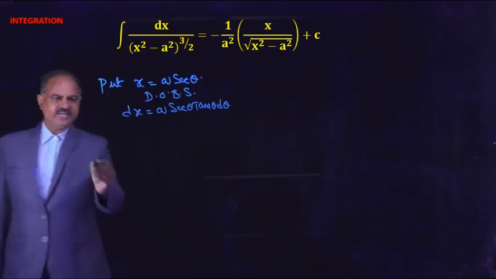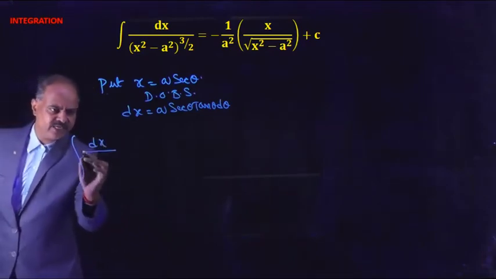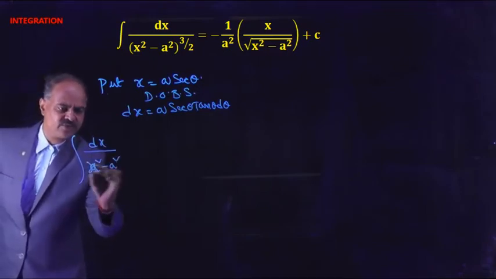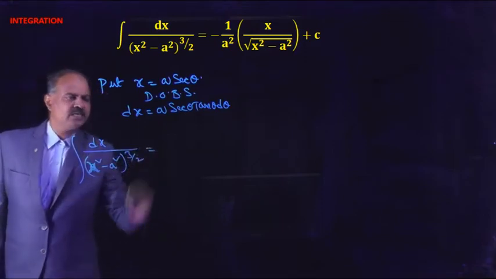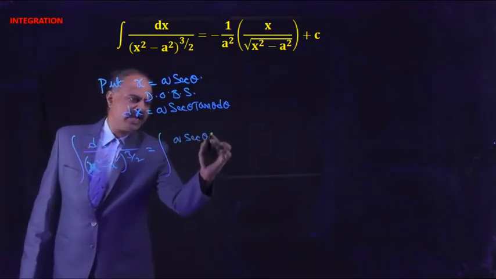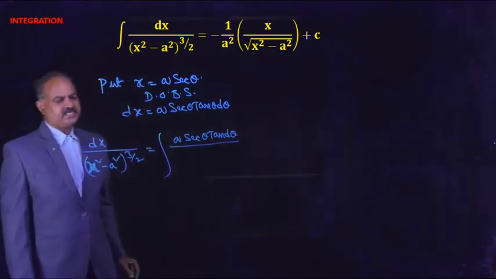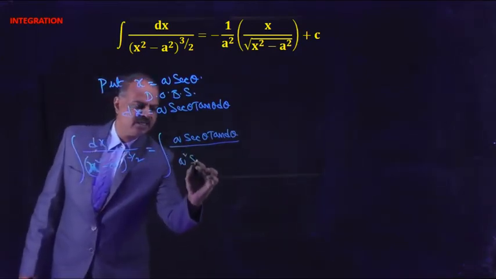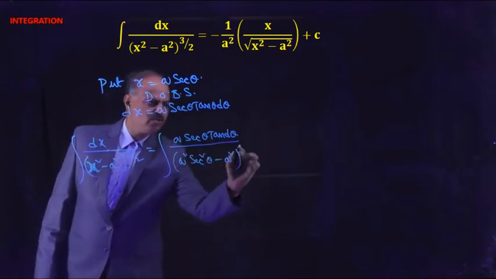Now the given integral is integral dx by (x square minus a square) whole to the power 3 by 2. That equals integral a secant theta into tan theta into d theta divided by (x square minus a square), but x equals a secant theta, so (a square secant square theta minus a square) whole to the power 3 by 2.